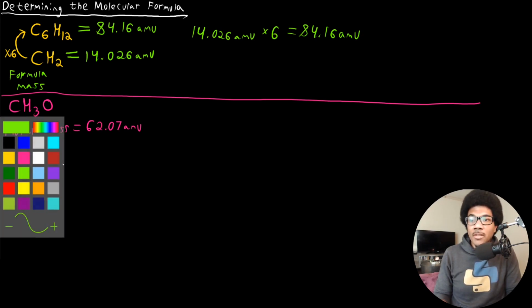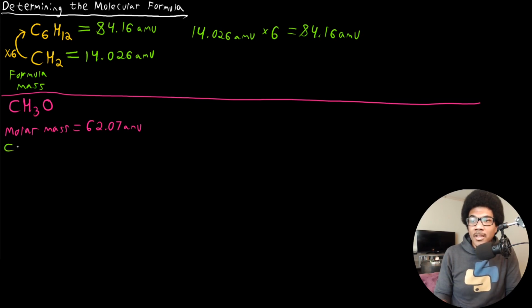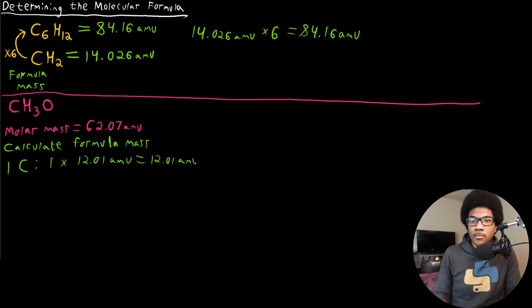So the first thing that we want to do is calculate the formula mass. I want to go through this in detail. It's the exact same thing as calculating the molar mass for a molecule, but we'll go through it in detail. You have 1 carbon in this empirical formula, so that's going to be 1 times 12.01 AMU, which gives you 12.01 AMU.